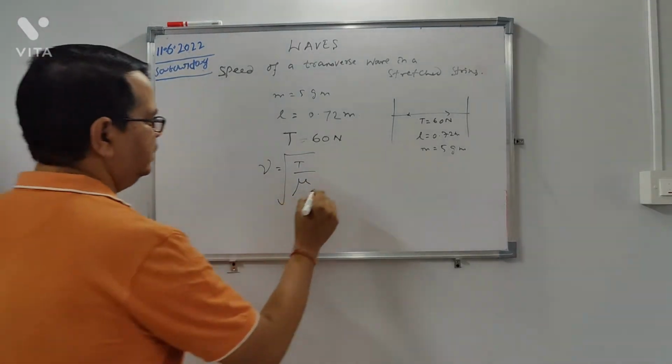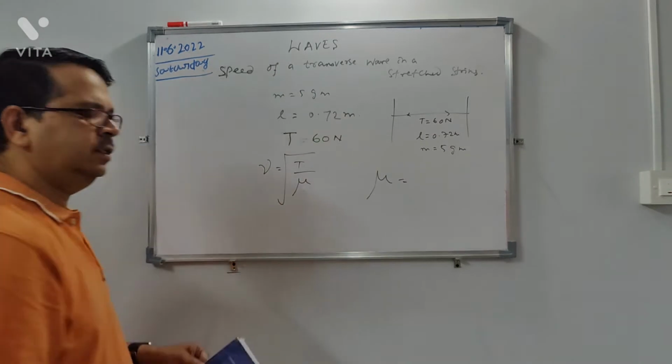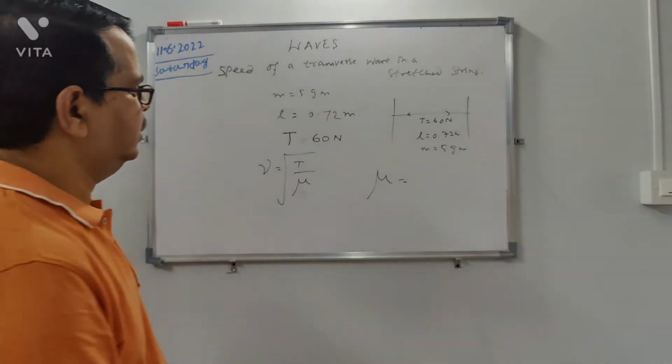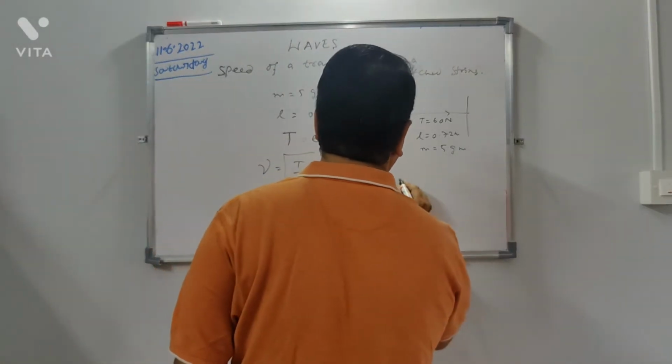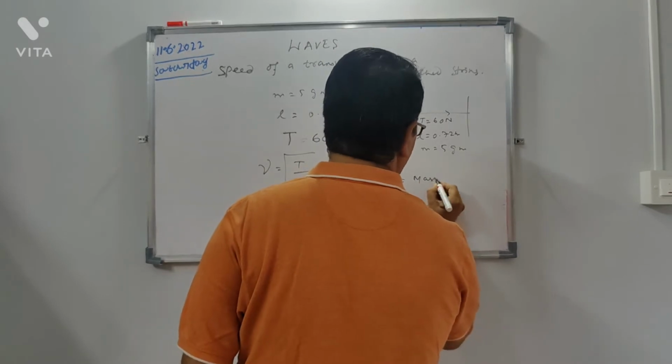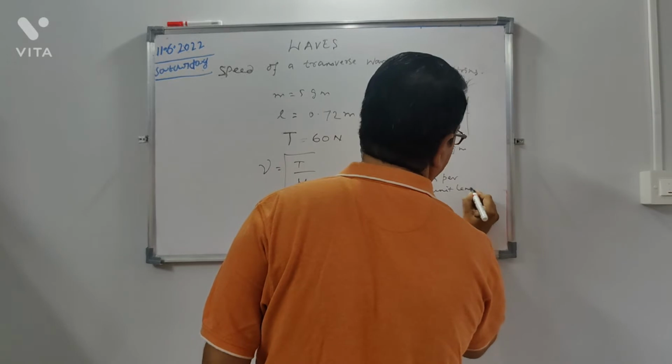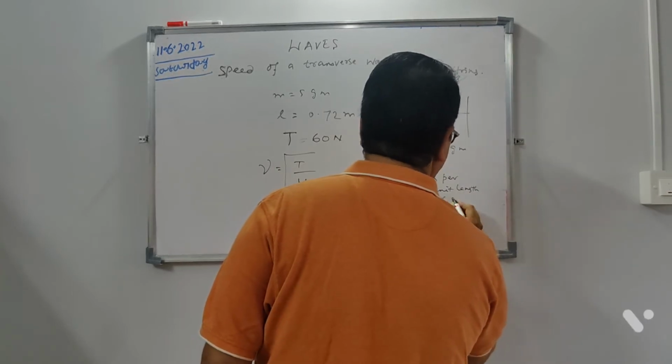So what is this nu? This nu is nothing but the mass per unit length of the wire.